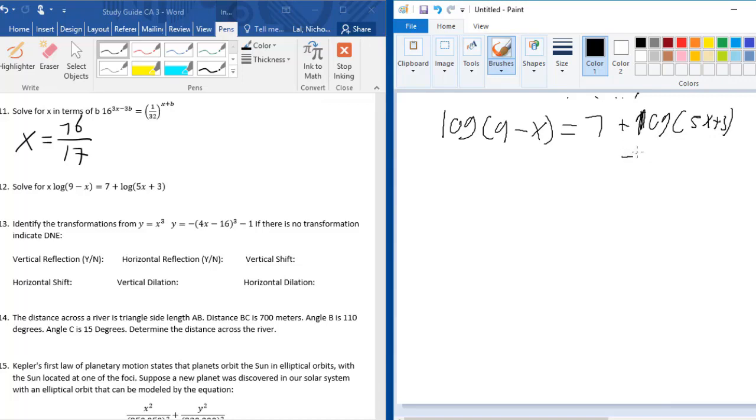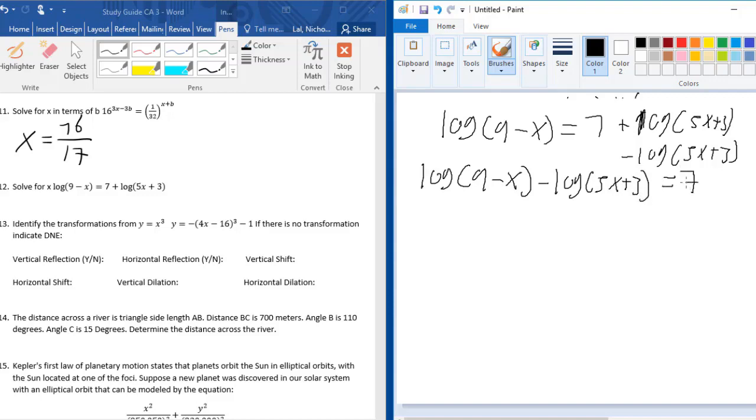So subtract each side by the log of 5x plus 3. And now I have the log of 9 minus x minus the log of 5x plus 3 equal to 7. And I have to use my rules to condense the logarithm.